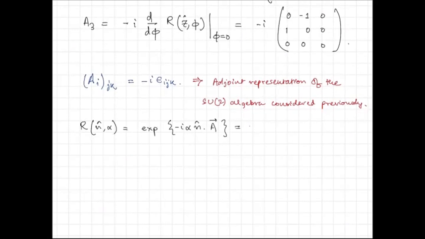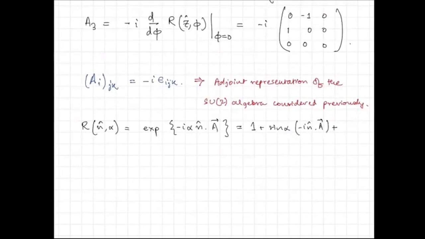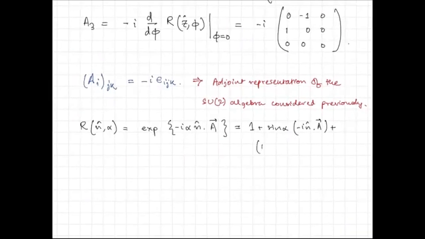So you can write this as 1 plus sine alpha into minus i n cap A, plus 1 minus cos alpha into minus i n cap A squared. All right, so this is the way I choose to write it.